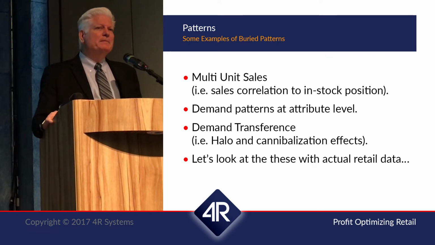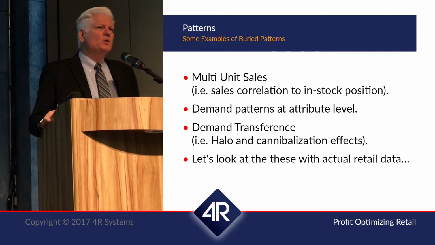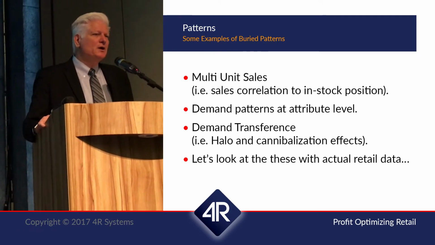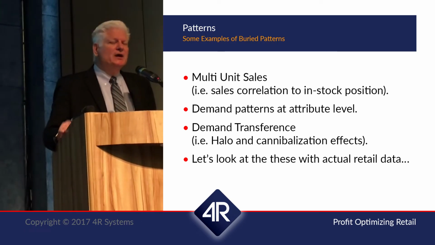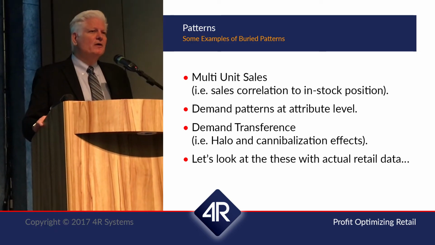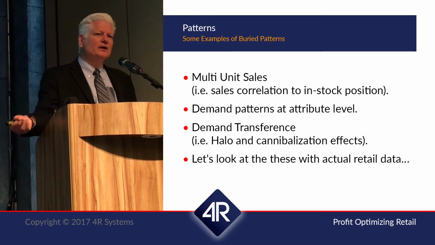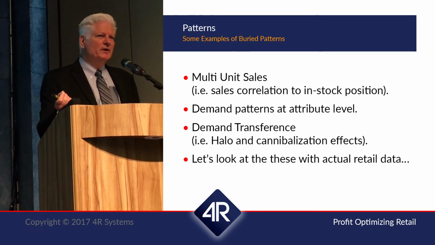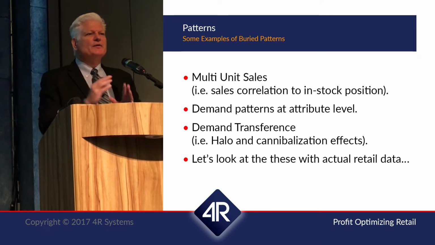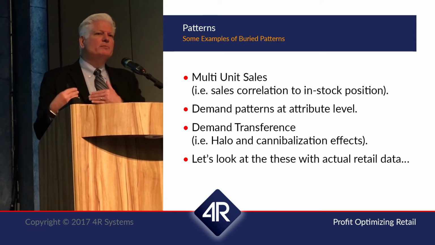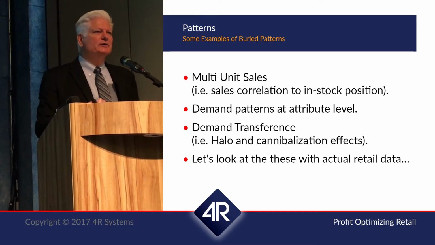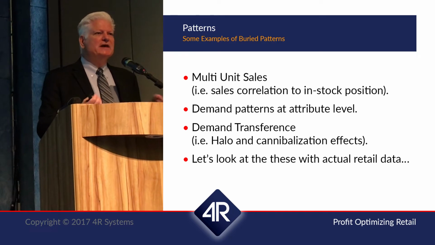The second one that I'm going to go through is a little bit more oriented toward assortment and assortment optimization. This concept is that there are demand patterns that exist below the data, in the item attributes. If you take all of the things that are sold and pull them apart to, let's just call it, their smaller concept, which is the attribute.